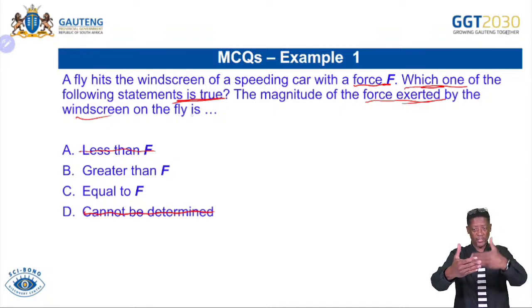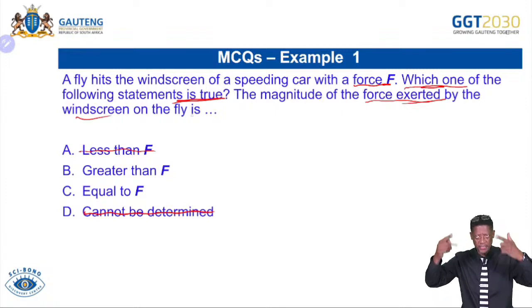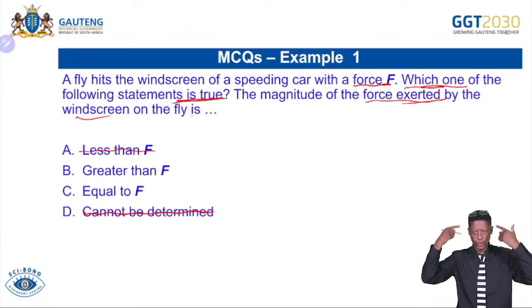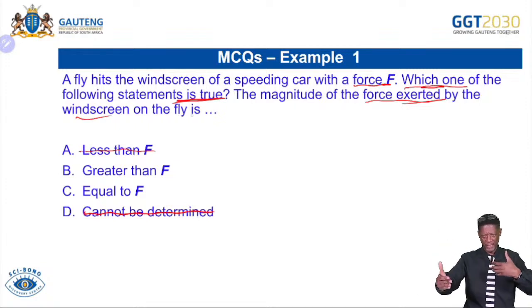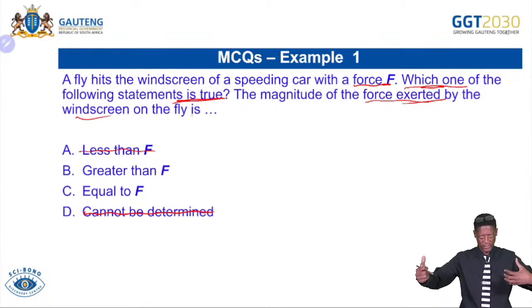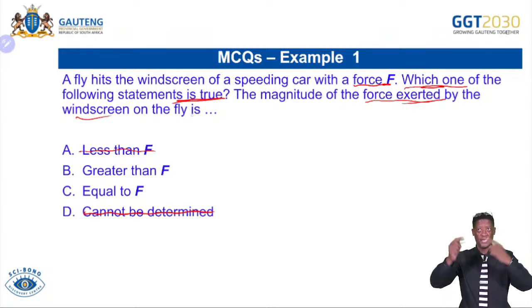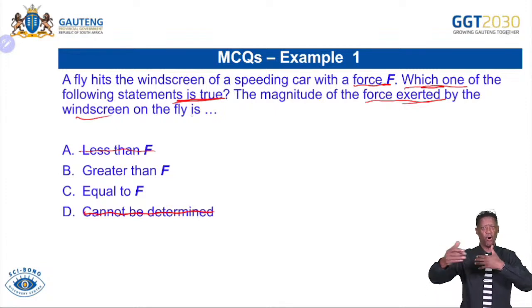So it means this one hit that one, this one hit that one. There in your mind, there's a law that is coming to you. There's a law that says when two objects exert a force on each other, they have the same magnitude, but act in the opposite direction, right? Same magnitude, or equal magnitude, but acting in opposite directions.